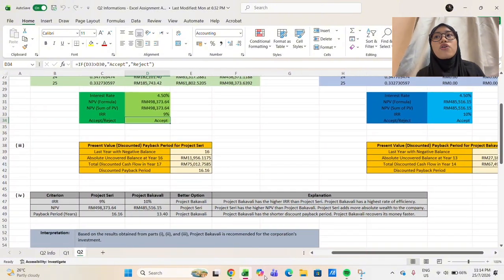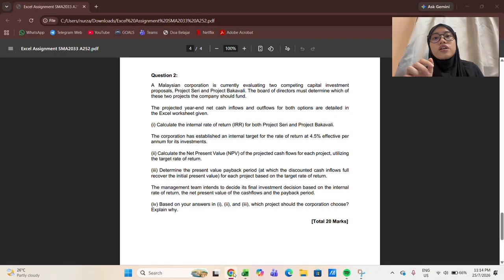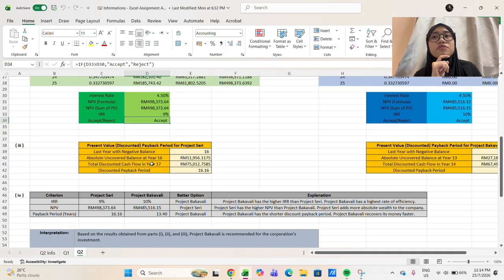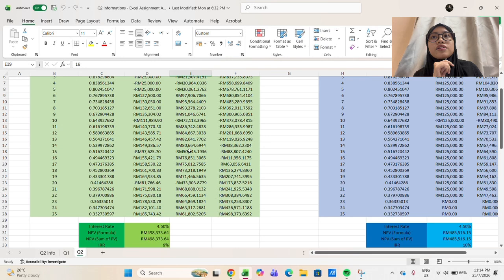Next, for question 2 part 3, they need us to determine the discounted payback period. To find it, I make this table. The last year with the negative balance is year 16.